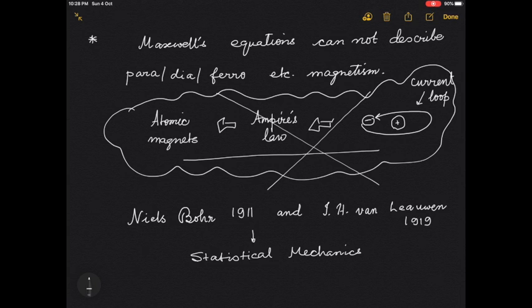And that's what Niels Bohr and Van Leeuwen showed. So classical electrodynamics, Maxwell's equations cannot explain para, dia, or ferromagnetism. So that should be very clear in your mind.